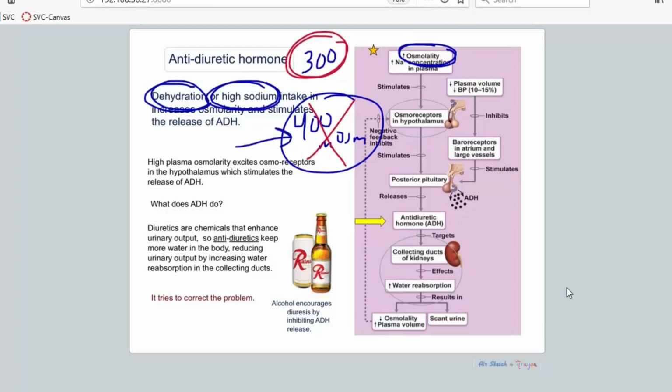We don't want that 400 milliosmoles. We have to lower it. So how are we going to do that? And you guys know, if you have 400 milliosmoles, then that causes water to move out of the cells, and the cells can shrink and cause all sorts of problems like that. So it's something that we want to solve.